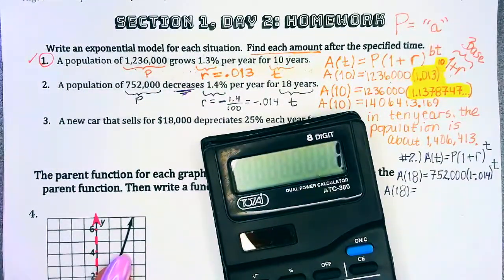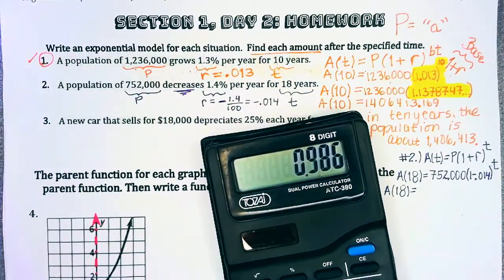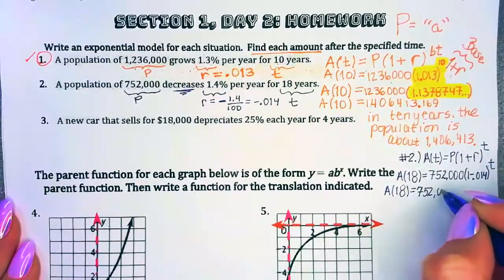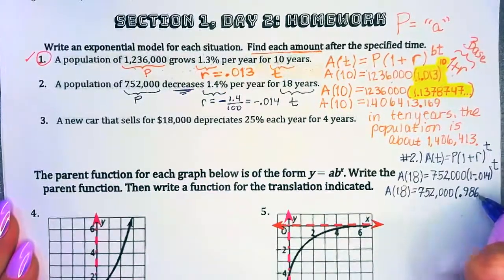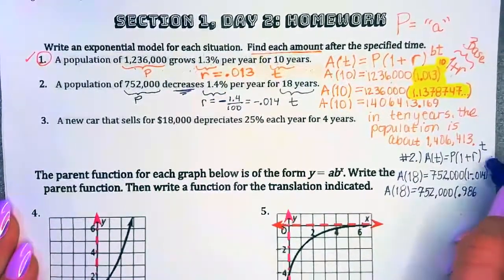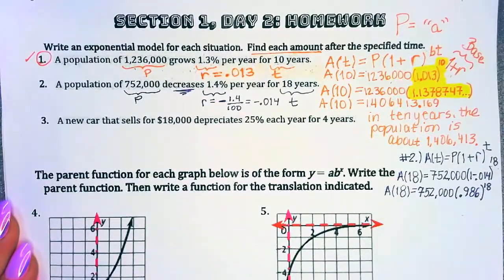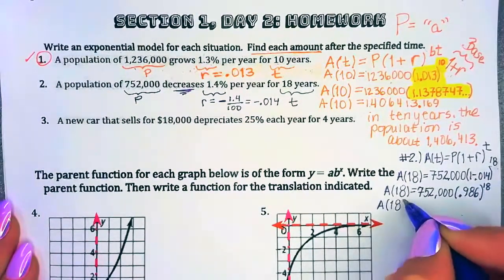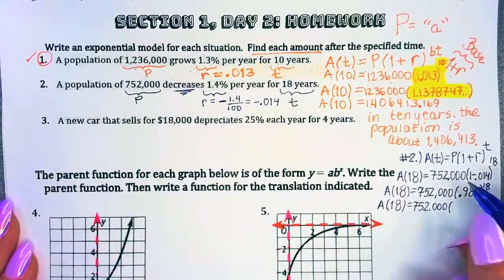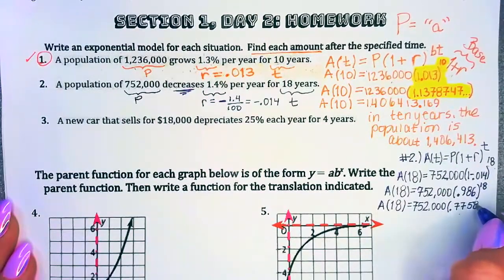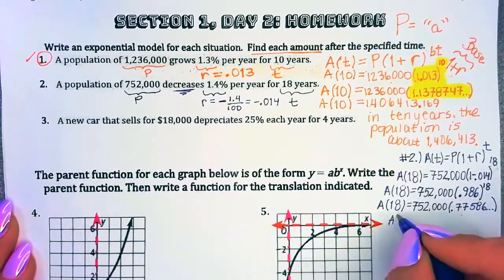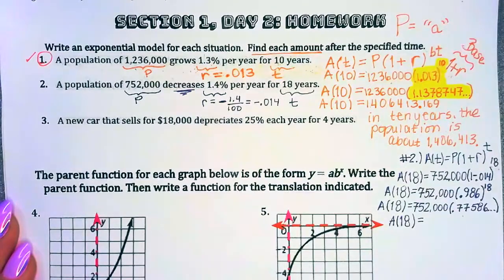If you need to do this in a calculator, definitely do it. Way too many people make silly mistakes when I'm checking over work of my students. Now, I really should have filled in the actual time there, not t, since I wrote it as A of 18. That means everywhere I have t, I should have an 18. Since my base in this exponential function is a number less than 1, that means that I will be decreasing the initial value.